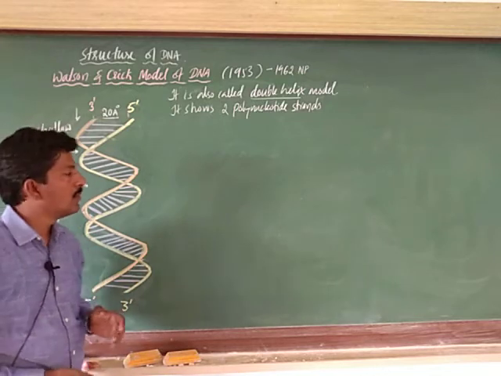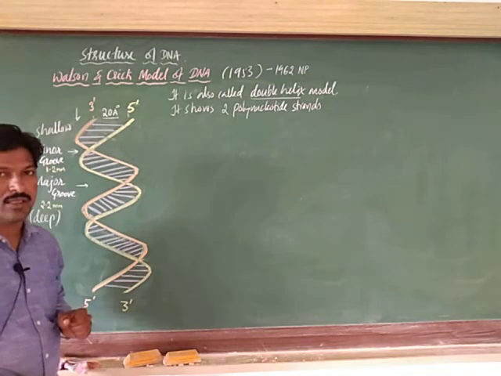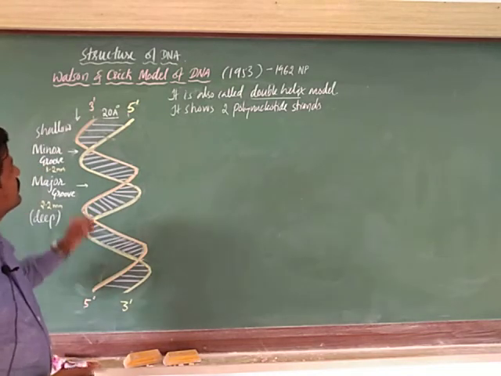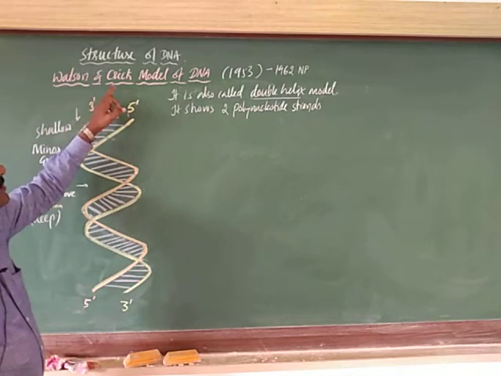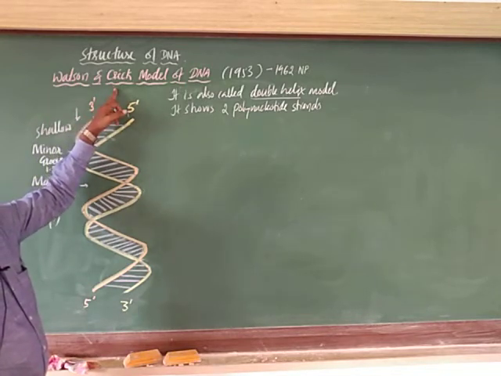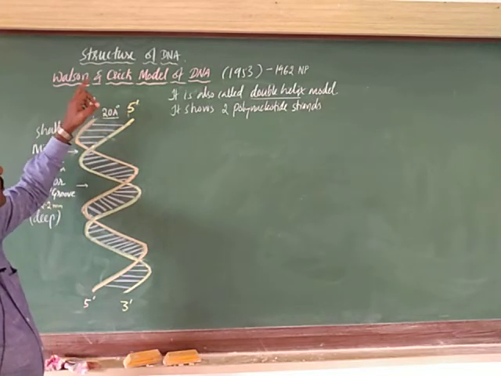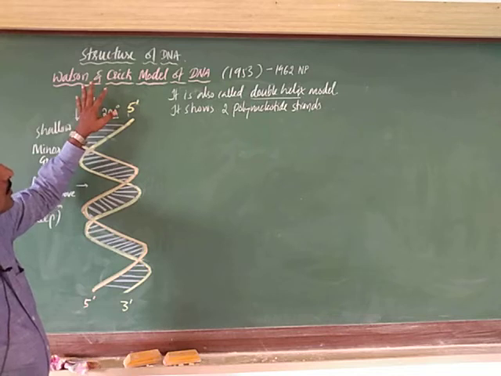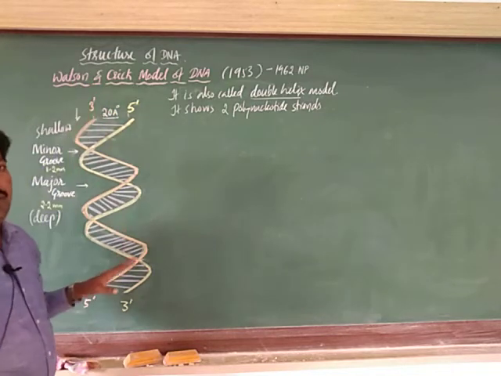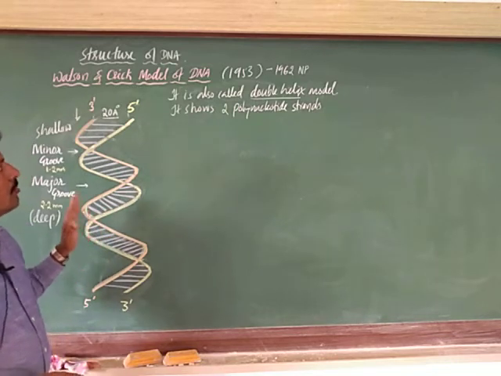Now in this video we will look at one of the famous structures of DNA, proposed by James D. Watson and Francis Crick of Cambridge University. These two scientists gave one of the important structures of DNA, the double helix model.